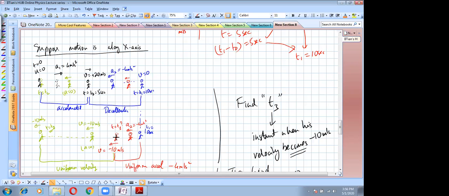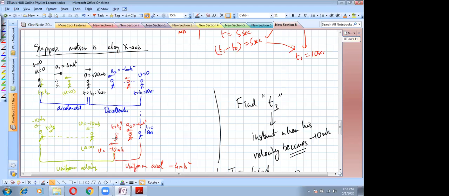So from here, he has to come back further by how much? By 87.5. So it's further displacement from T3 right up to here. That displacement is minus 87.5 with the proper sign, and that's happening at a constant velocity of minus 10 meters per second.